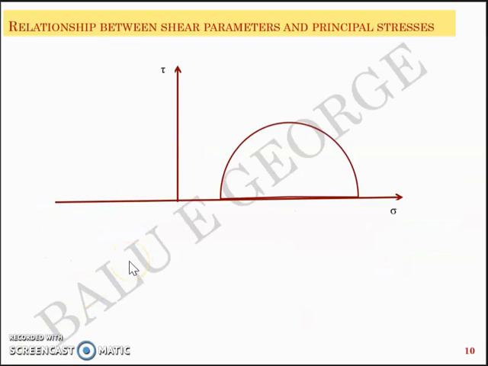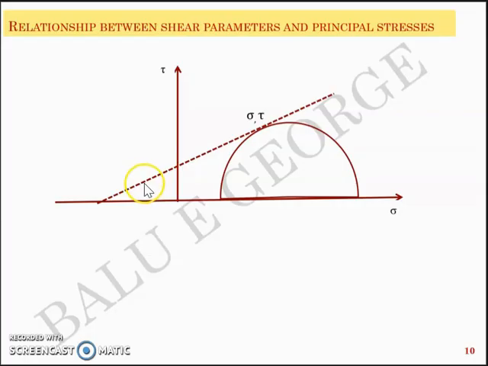And there are a few relationships between the shear strength parameters and the principal stresses, as explained in this graph. This graph again is a Mohr circle drawn with sigma on the x-axis and tau on the y-axis. Let's mark a point sigma comma tau. It's a point on the circumference, and it's a plane on the actual cylindrical sample.